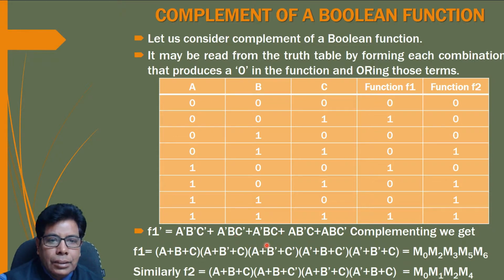Then next it is a dash bc. Now here we are considering all the zeros.